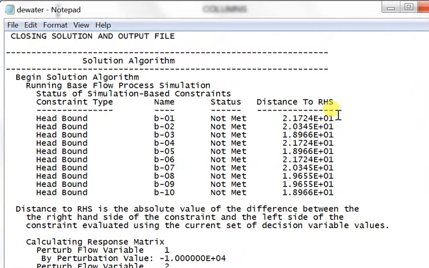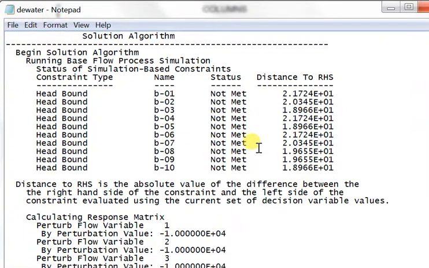In other words, we want the heads to be 50. As I suggested at the beginning of this episode, the heads are probably around 70, and we see the distance between the current non-pumping heads and the target heads to be around 20, 22, 18, and so on. So that all makes sense. So these are not met.